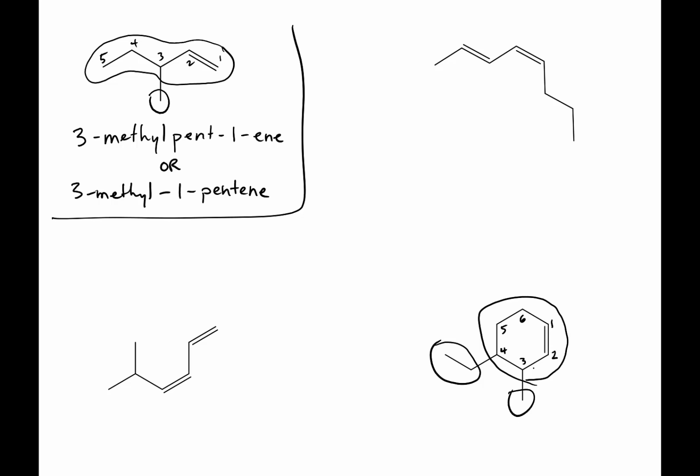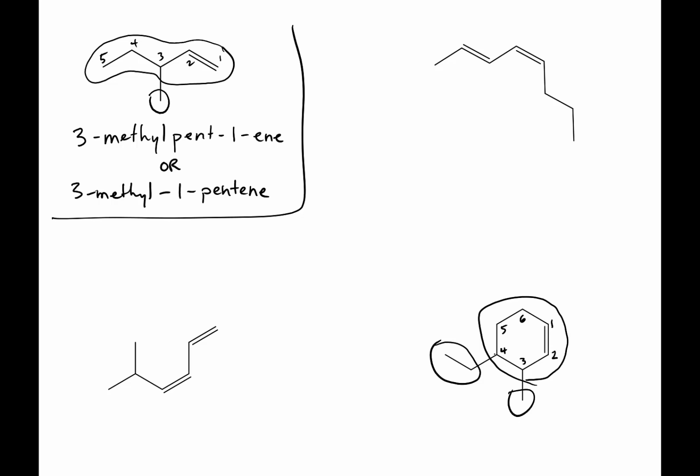This is a cyclohexene. Hex, 6 carbons. The ene indicates it's got an alkene in it, and we need to designate that it's at position number 1. Putting this all together, the substituents are ethyl and methyl.